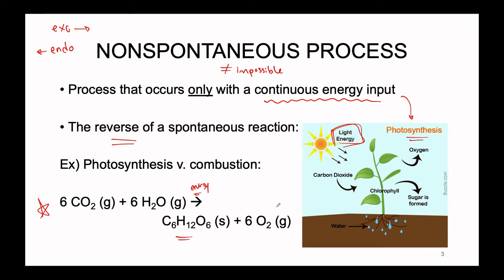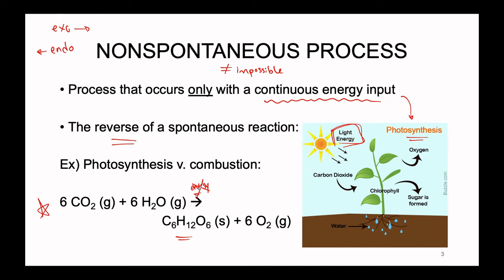Again, it's a very simple representation. There are a lot of complicated underlying mechanisms in the cells of the plants that also help this reaction to move forward at a relatively quick pace. However, without this continuous source of energy, like let's say you put a plant under a box, you're cutting off the light energy, this plant can't grow.